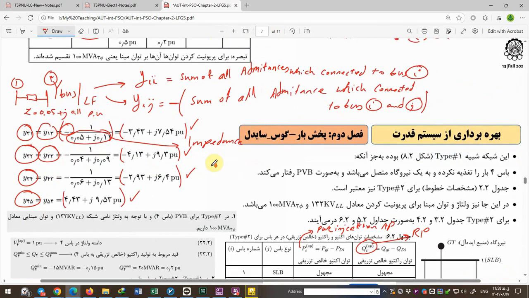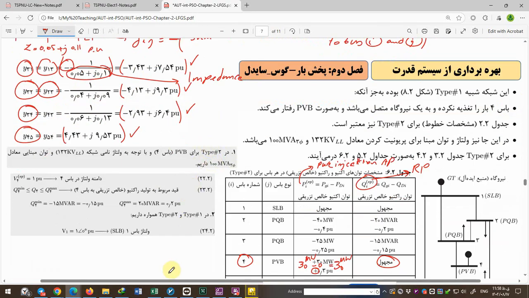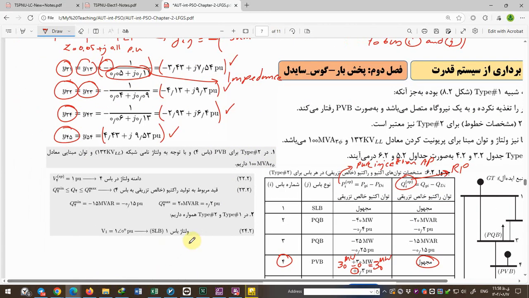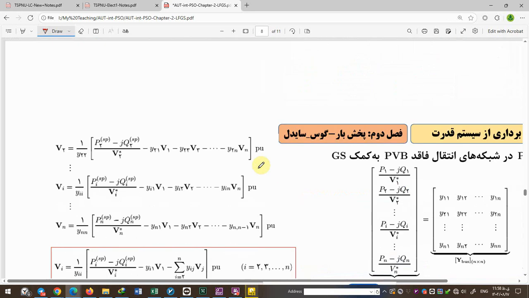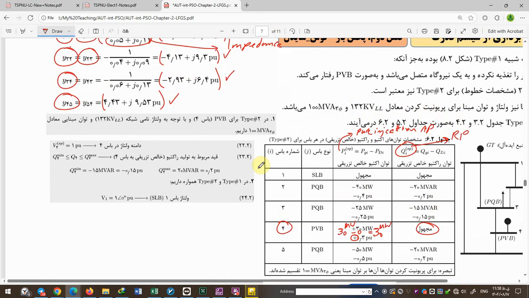Okay, in power system type 2, we continue.